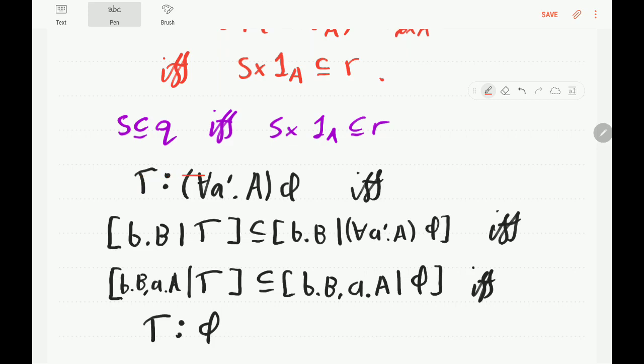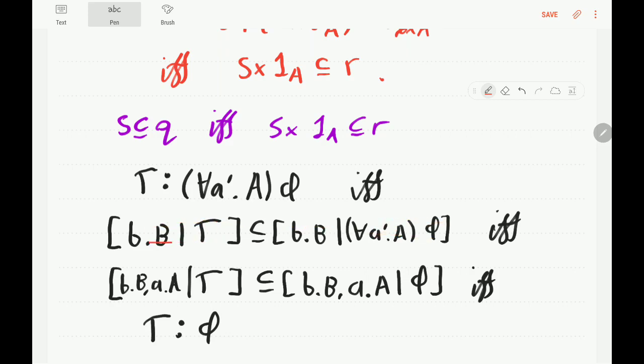So let's see this. Well, we have that gamma implies for all A dash phi. Just sort of taking extensions, that's equivalent to saying that the extension of gamma over the B's is contained in the extension of for all A phi over the B's.